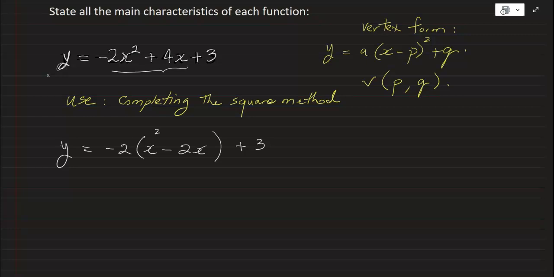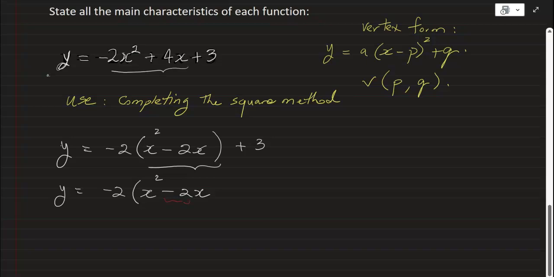So here it is. And then the next step is that inside this bracket, we're going to complete this binomial into a trinomial, but it has to be a perfect square trinomial by adding a specific number. We take half of the middle term. So this is the middle term right here, minus 2, the coefficient of the middle term, right?